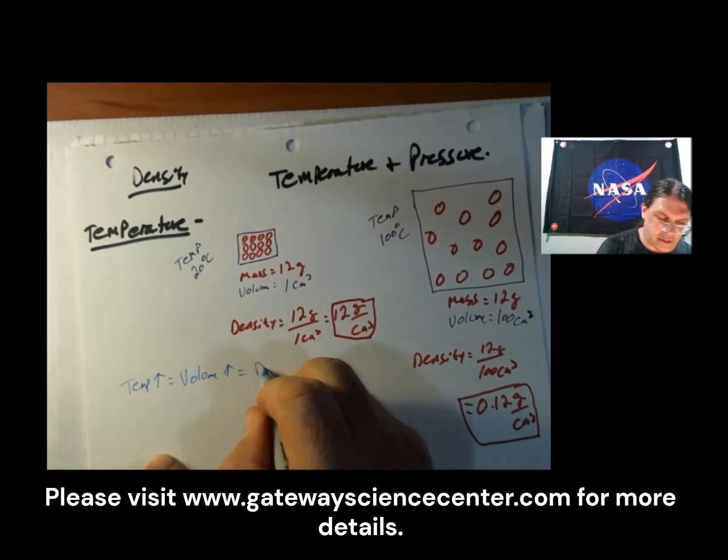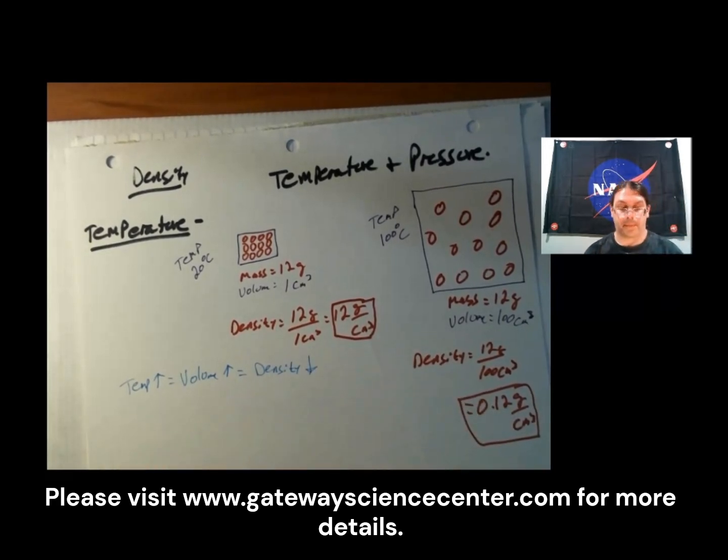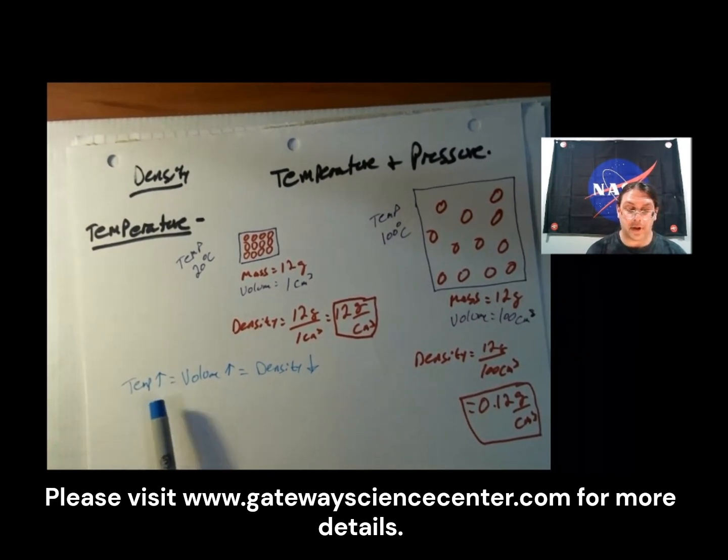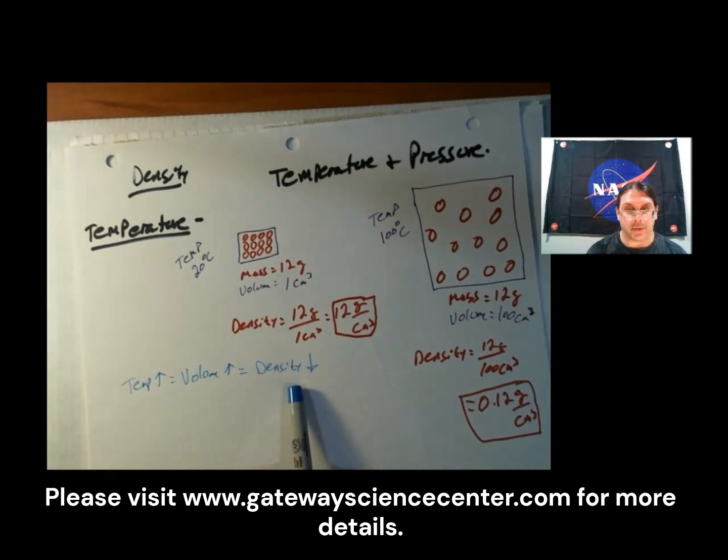The density decreased. So temperature increased, caused the volume to increase, and when we saw before, when the volume increases, the density will decrease.